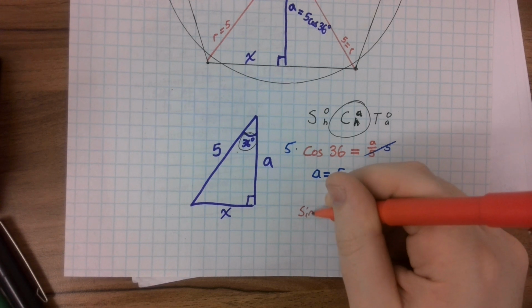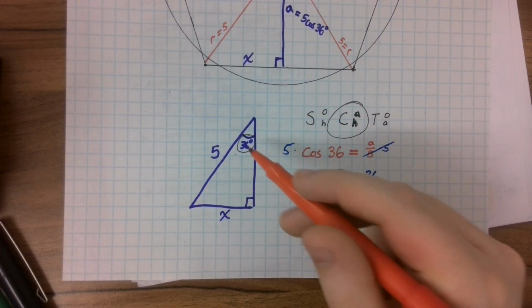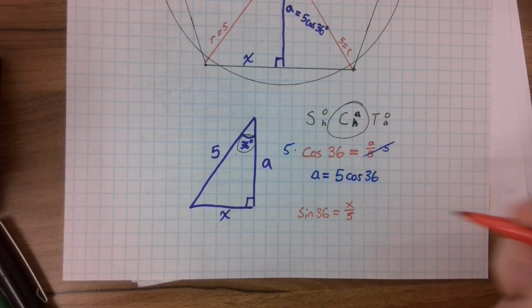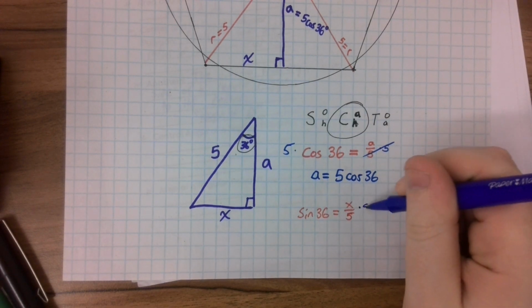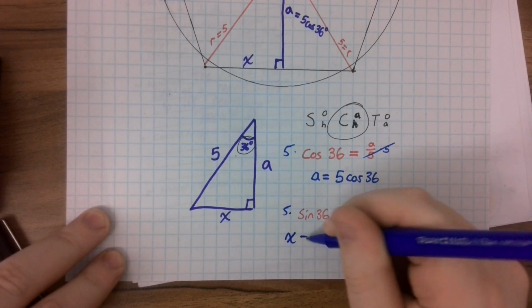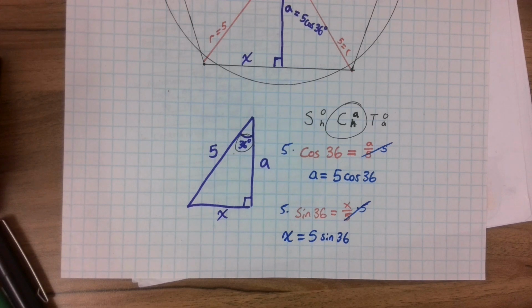Can't we just use the sine of 36? Because sine is opposite over hypotenuse. The opposite is x. The hypotenuse is 5. All we have to do to solve this is just, once again, multiply by 5. X equals 5 times the sine of 36.